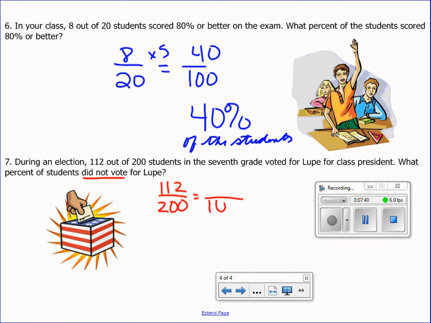Again, you can simplify if you need to, but you don't need to, because you can do this mentally. 200 divided by 2 is 100, so 112 divided by 2 is 56. So this shows that 56% of the students voted for Lupe. But the question was, how many did not? So you're going to take 100%, subtract the 56 that voted for him, and you would have 44. So 44% of the students did not vote for Lupe.